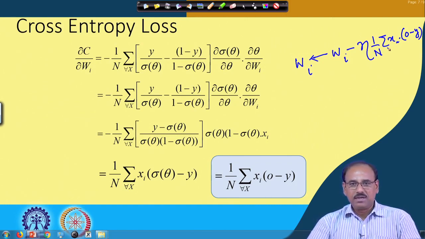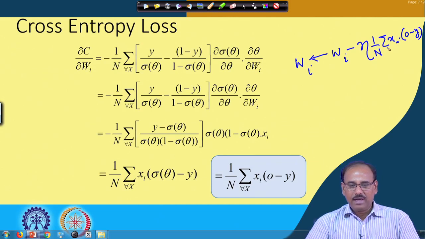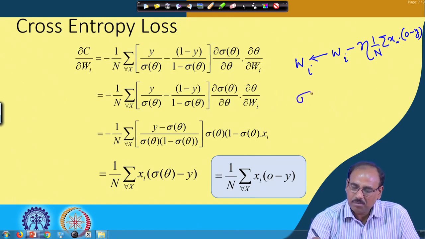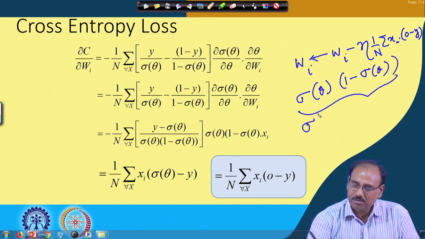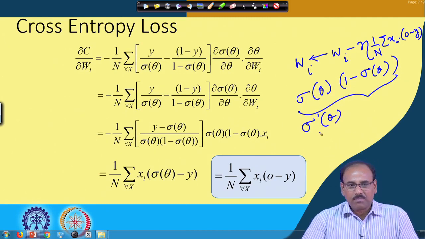Now, what is the advantage that we get? You find that in case of the squared error loss or the quadratic loss, in the updation term, we had a term sigma theta into 1 minus sigma theta, which is nothing but derivative of sigma theta with respect to theta.